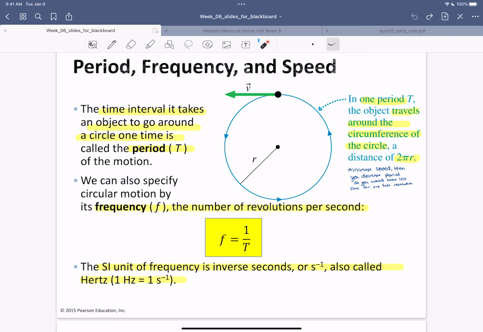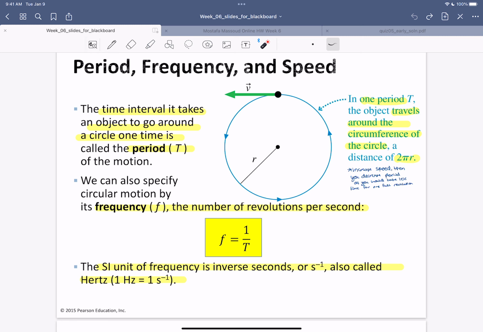Period is equal to the amount of time it takes for you to travel exactly once around the circle, to make exactly one revolution. So that's where you're going to see your revs, right? So if, for example, I have 3 revs per second, well, that's a little different, right? Because I know then in 1 second I'm traveling 3 times around the circle.